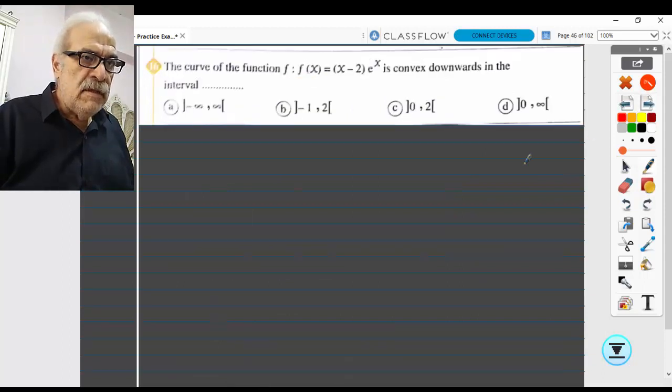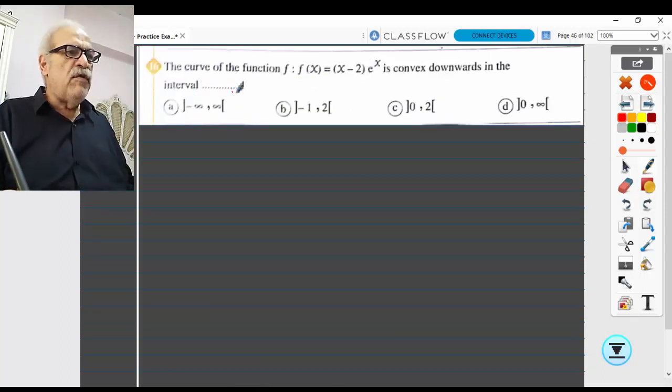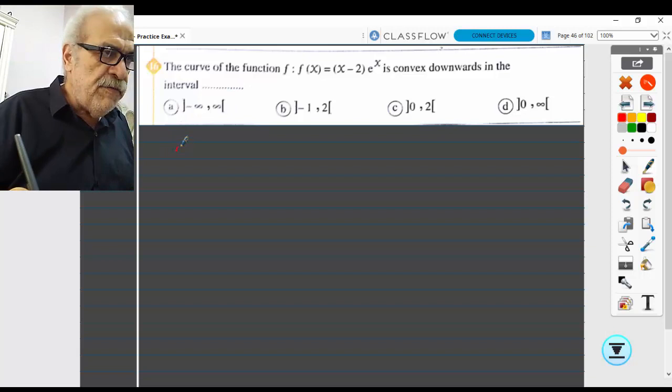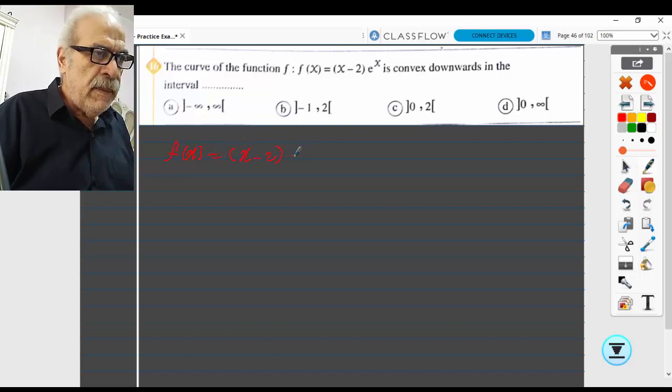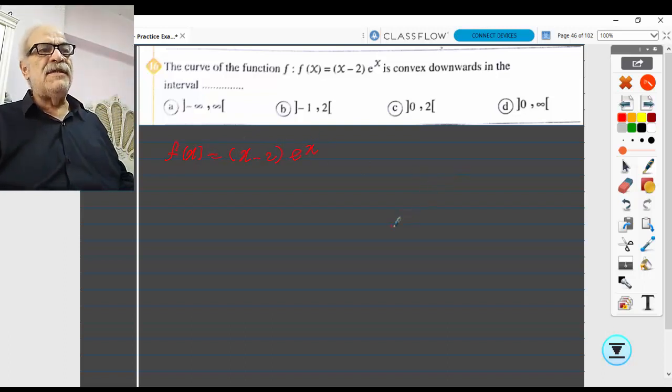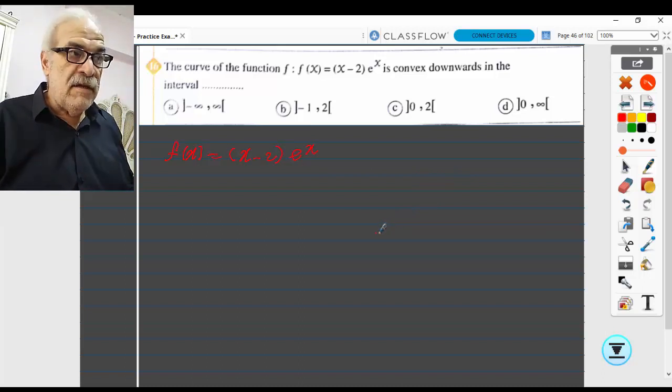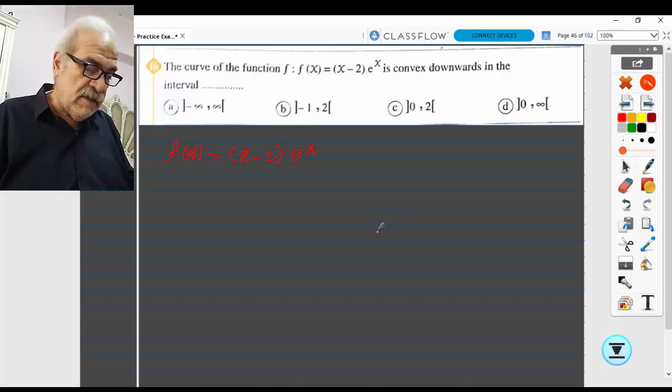Question number 16. Here, the curve of the function f of x equals x minus 2 multiplied by e power x is convex downwards in the interval. So to find it, we must find the second derivative of f of x.